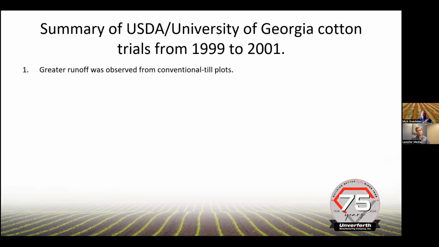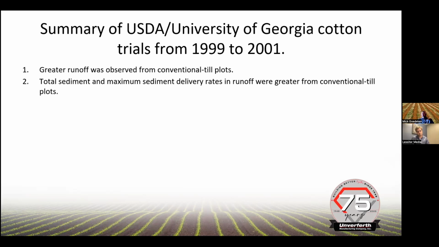And so they were able to capture that with this data and get it published. The one thing that they figured out is that greater runoff was observed in conventional tilled plots, and this was on cotton. The total sediment and maximum sediment delivery rates in the runoff were greater for conventional till plots compared to the strip-till plots.